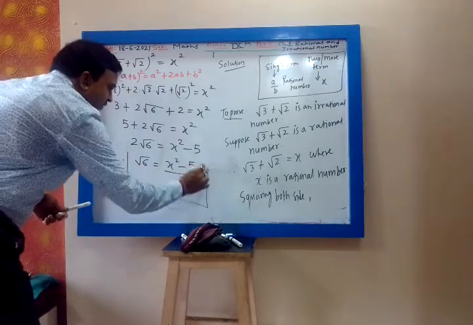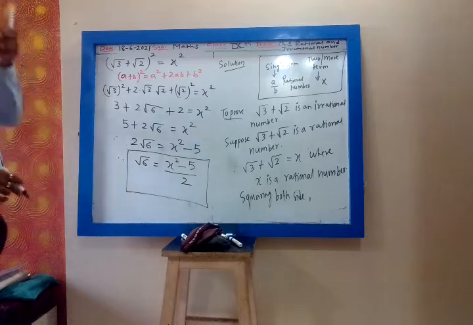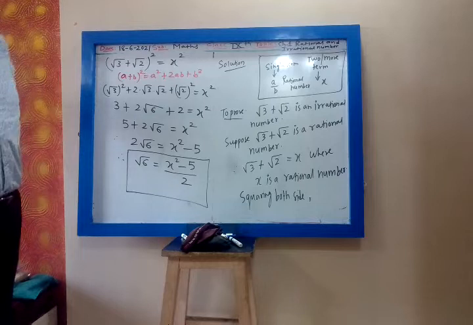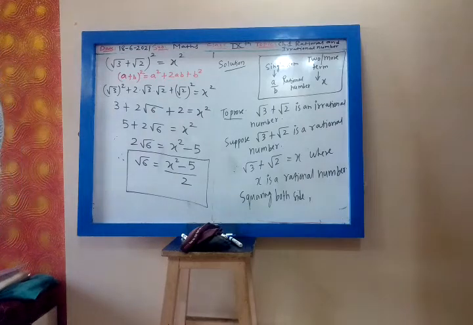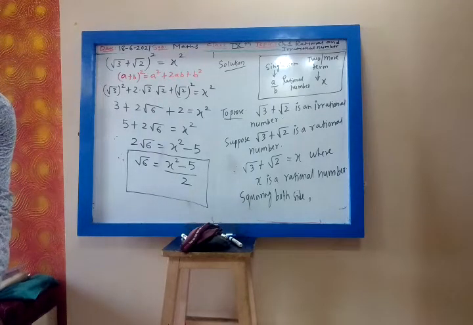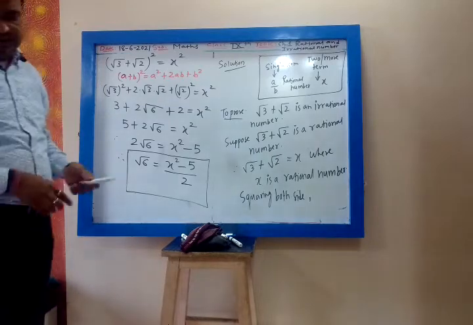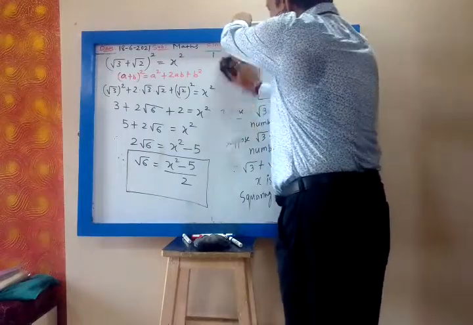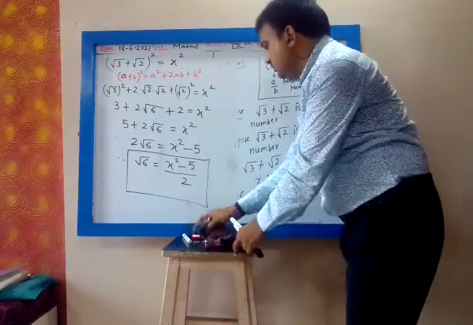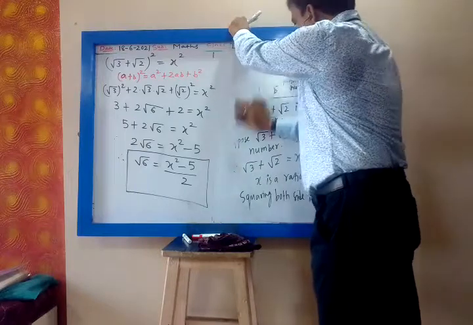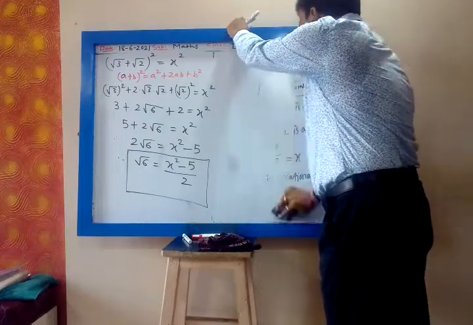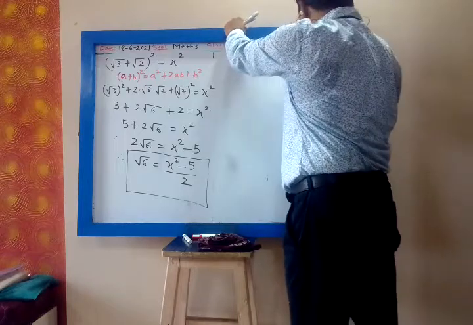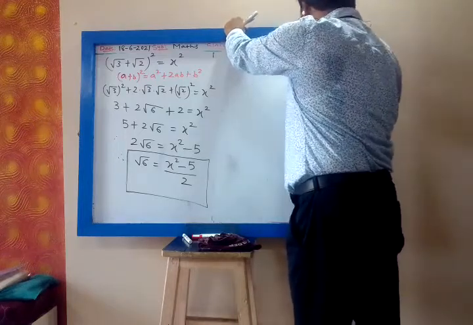In this way we have obtained the first part: root 6 is x square minus 5 by 2. Is it clear? Now we explain this. X square minus 5 by 2 is root 6. Correct.